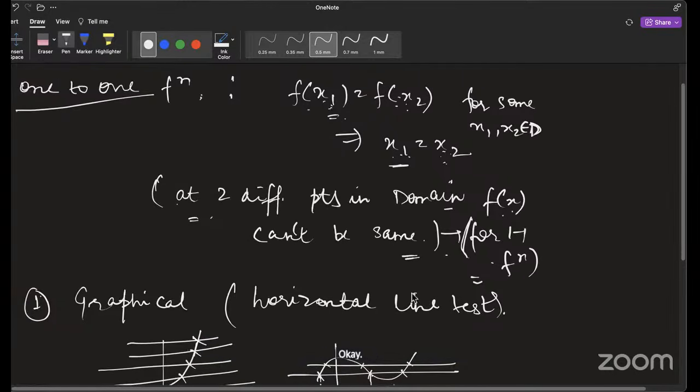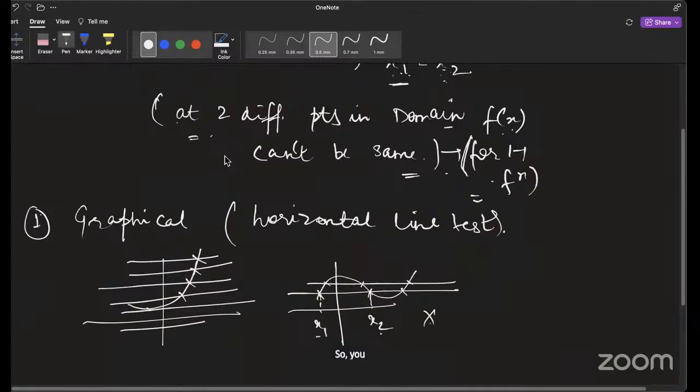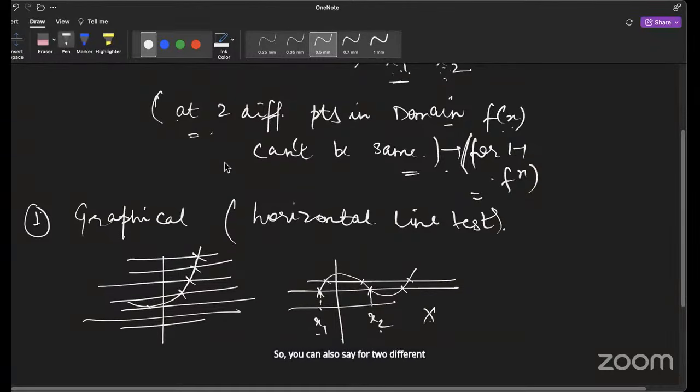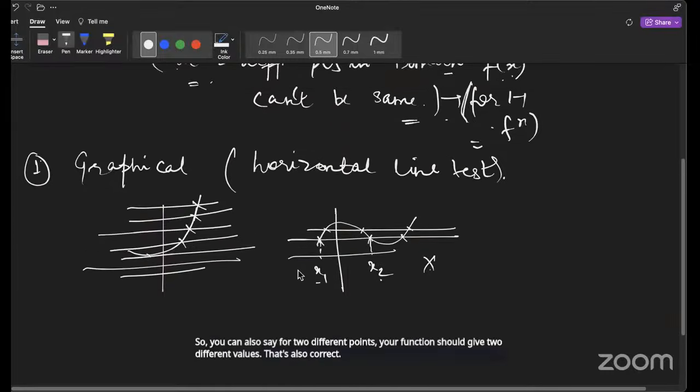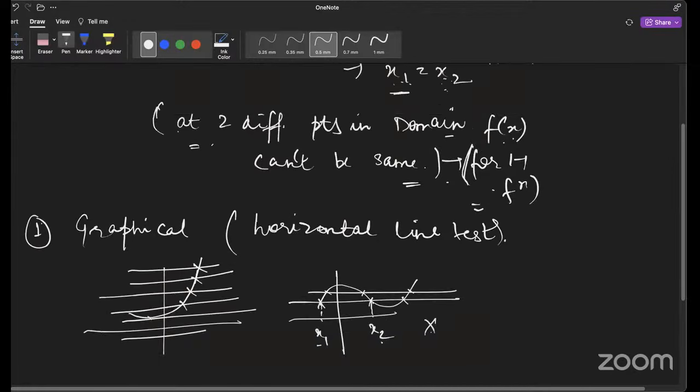Okay, ma'am. So you can also say for two different points, your function should give two different values. That's also correct. Ma'am, your voice is jarring in between, breaking the concepts when you are speaking. Okay, give me a minute. But ma'am, in the activity question there is a quadratic equation and it is correct. What's correct is, firstly, about my voice, is it still breaking? Yes, ma'am, I think there is some network issue from maybe your end. Just give me 1 minute.